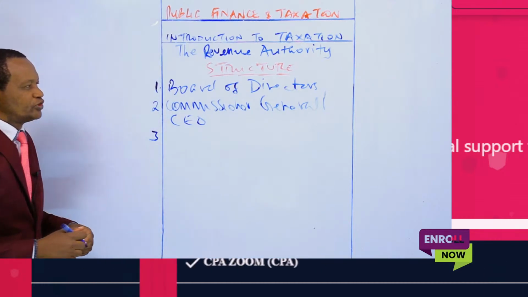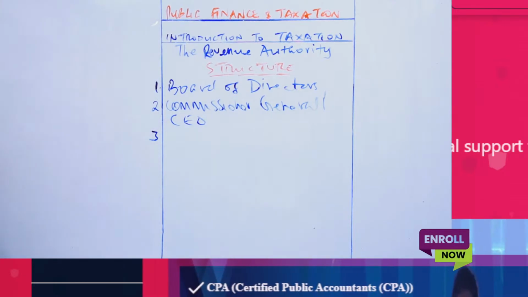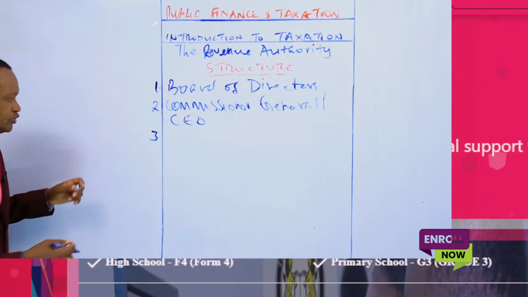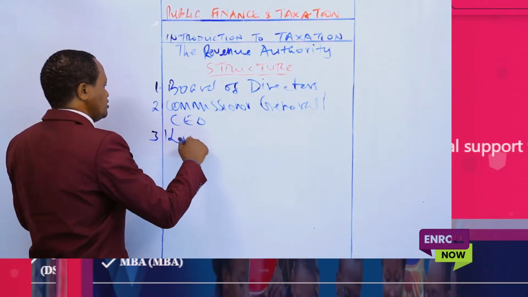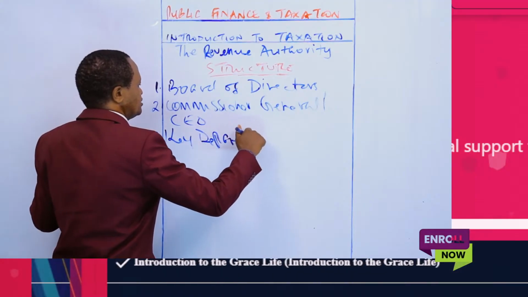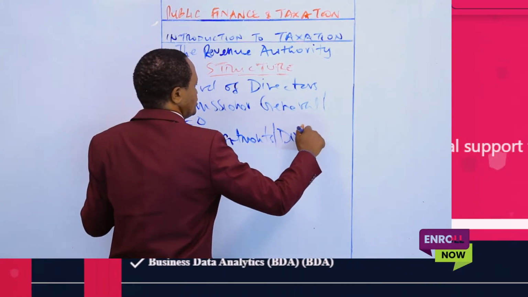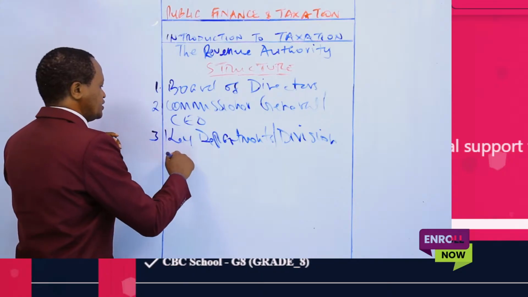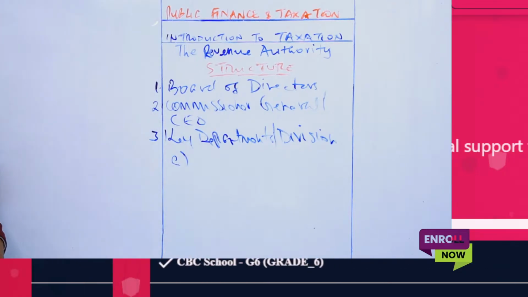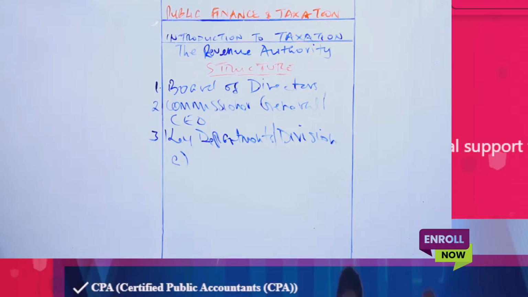Then after the Commissioner General, we have key departments or divisions. The first key department is the Domestic Taxes Department.